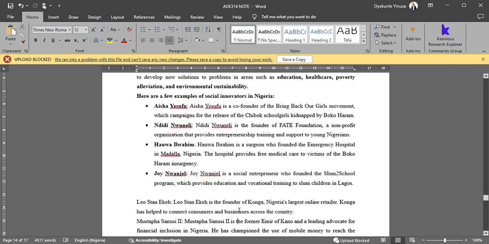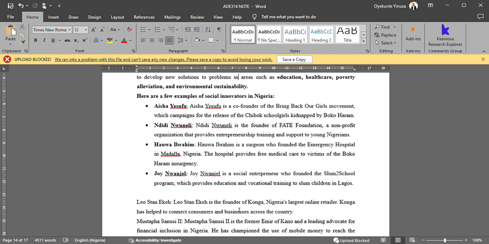So aside from these four social innovators I've mentioned, remember in our last class I gave you an assignment to identify 10 social innovators. Under the comment section, drop the social innovators that you have been able to identify. Do not mention these four that I have mentioned. Don't mention Aisha Yusuf, don't mention Ndidi, don't mention Ibrahim, don't mention Joy.